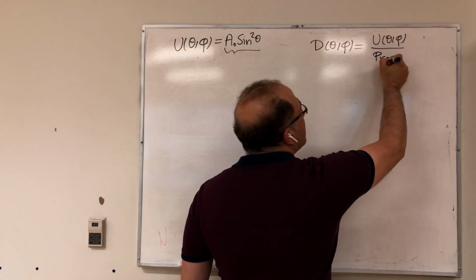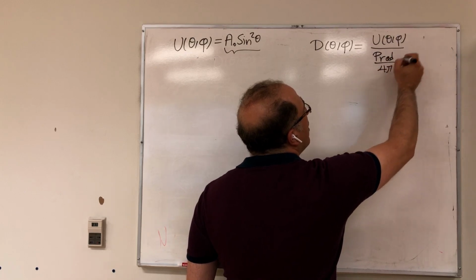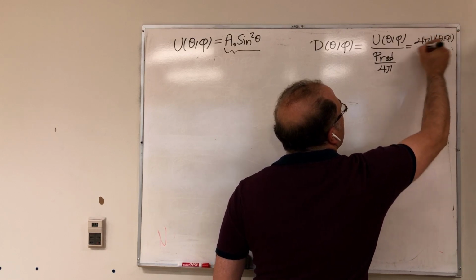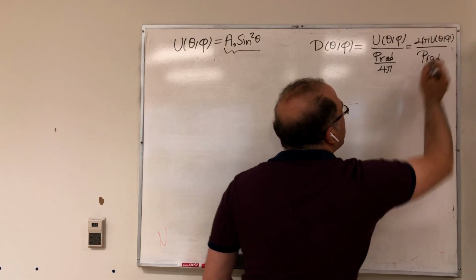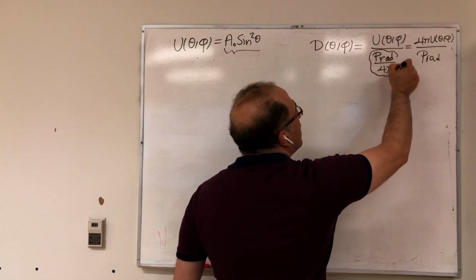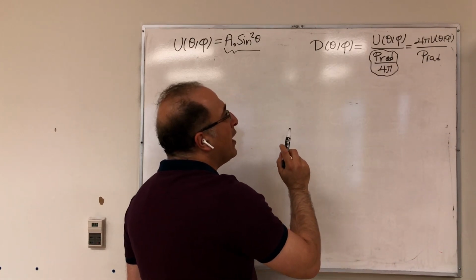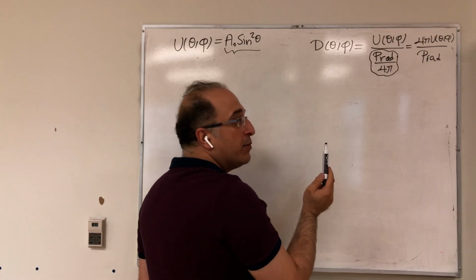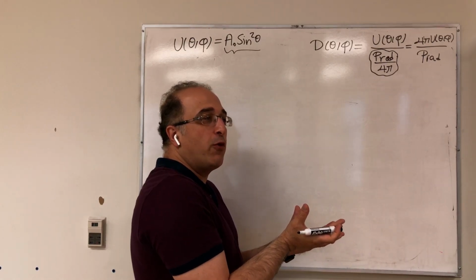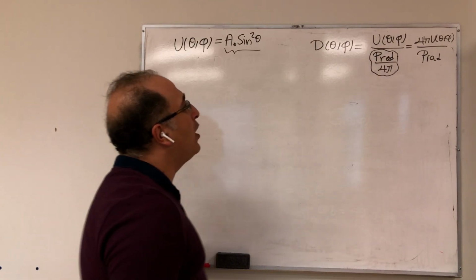If it does that, its radiation intensity becomes P rad divided by 4 pi, and therefore I get 4 pi U theta phi divided by P rad. Remember, this was the radiation intensity of an isotropic antenna, assuming that it radiates P rad. And the reason I divide by 4 pi is because a complete sphere is in total 4 pi steradian. So that's why I divide it by 4 pi here.